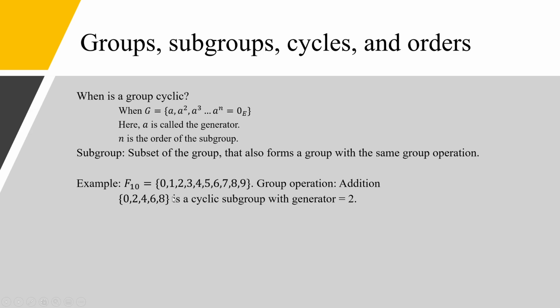And now when we go to 2 power 5, or 2 plus 2 plus 2 plus 2 plus 2, we actually get 10, but this is a finite group with order 10. So we take modulus 10 with everything. So 10 modulus 10 is 0. And so now 2 power 6 gives 2, 2 power 7 is 4, 2 power 8 is 6, 2 power 9 is 8, and so on.